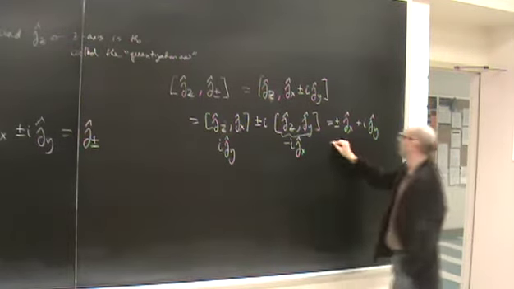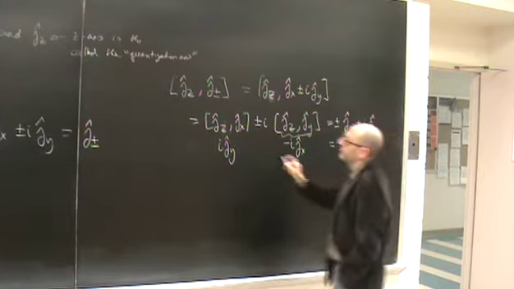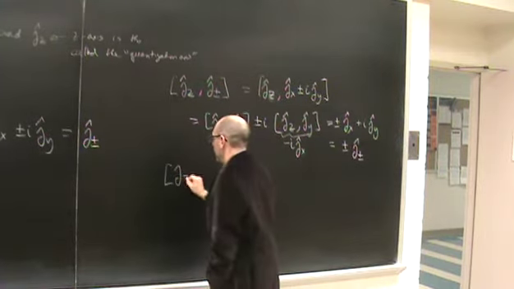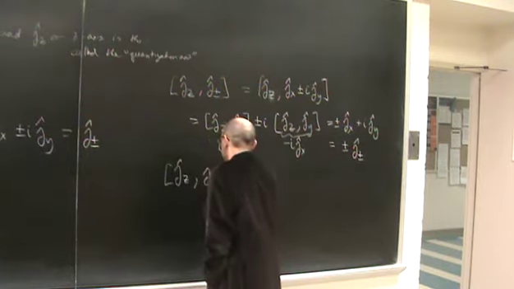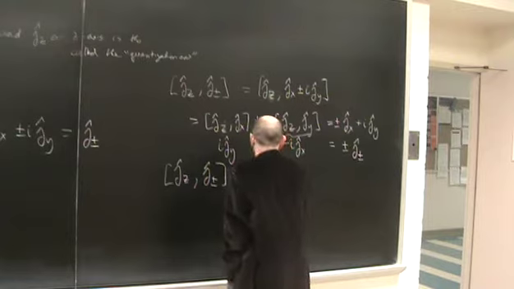Which is equal to plus or minus j plus or minus. So the commutator of jz with j plus or minus is equal to plus or minus j plus or minus.